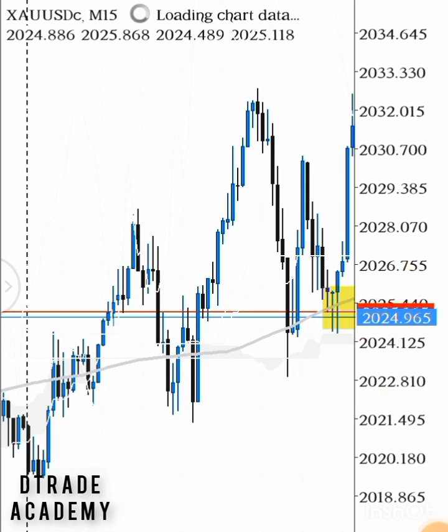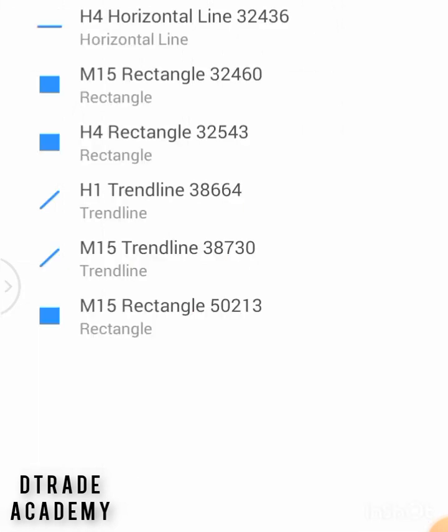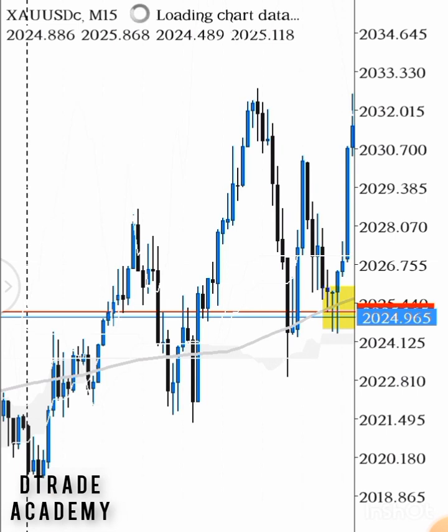So, first thing you should always do whenever you have a chart in front of you, look for a break of structure. Always look for a break of structure. So I will take my trend line tools and mark my previous high.